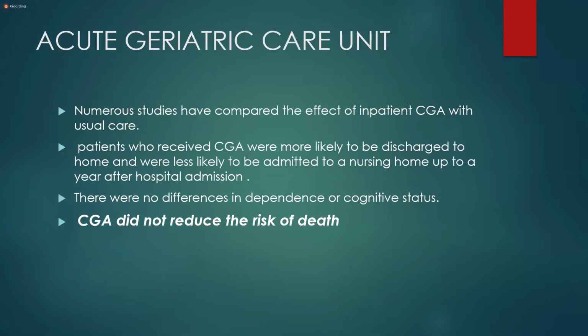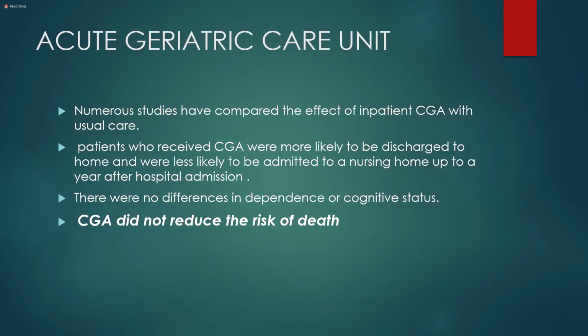In the acute geriatric unit, numerous studies have compared the effect of inpatient CGA with usual care. It was found that patients who received CGA were more likely to be discharged to home and less likely to be admitted to a nursing home even a year after hospital admission.